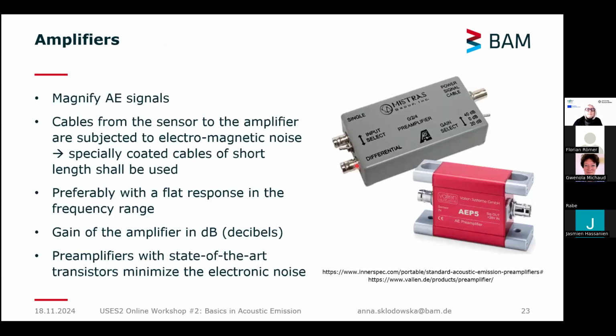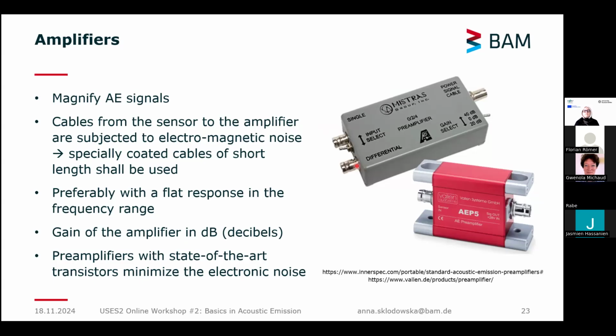We also have amplifiers in the measurement chain. They are used to magnify weak acoustic emission signals. It is also important that the cables from the sensor to the amplifier are subjected to electromagnetic noise, so we have to use short, specially coated cables to minimize this effect.